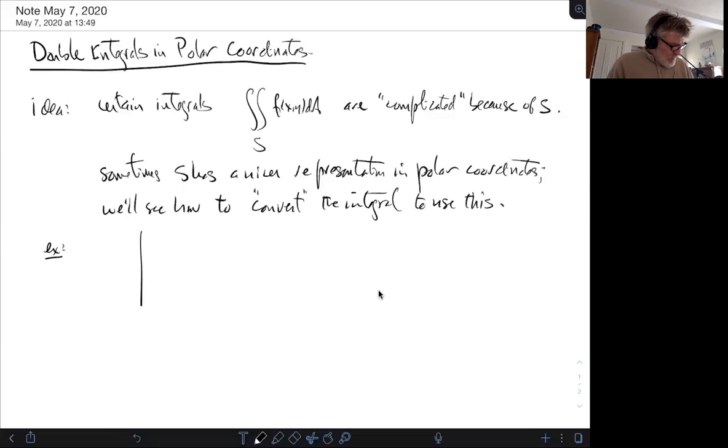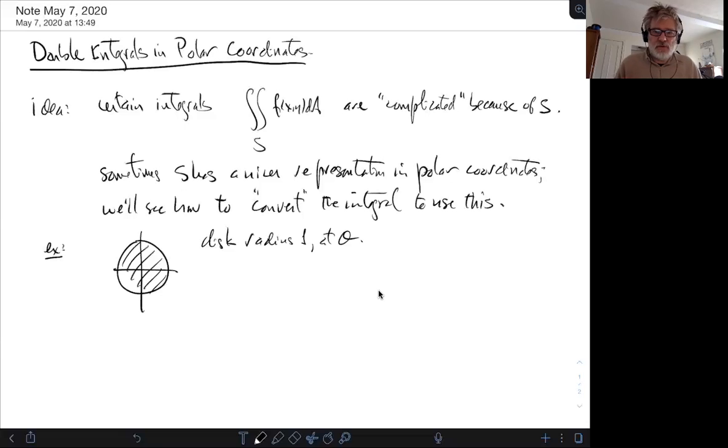Take, for instance, the disk of radius 1 centered at the origin. Right? So if I describe this in rectangular coordinates, what does it look like?